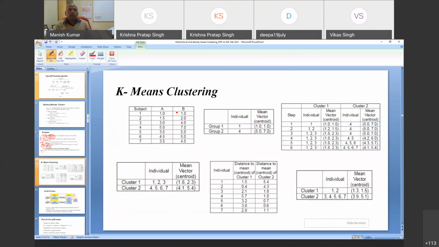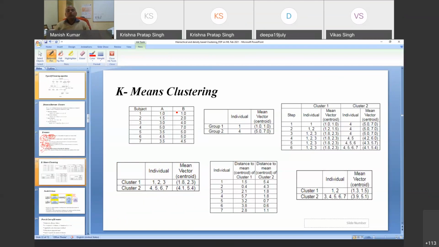This is very important. This is just an example where we have, say, 7 data points. Two attributes are involved, A and B. We have selected the mean vectors: for group 1, I'm going for 1, whereas for group 2 we are going for 4.